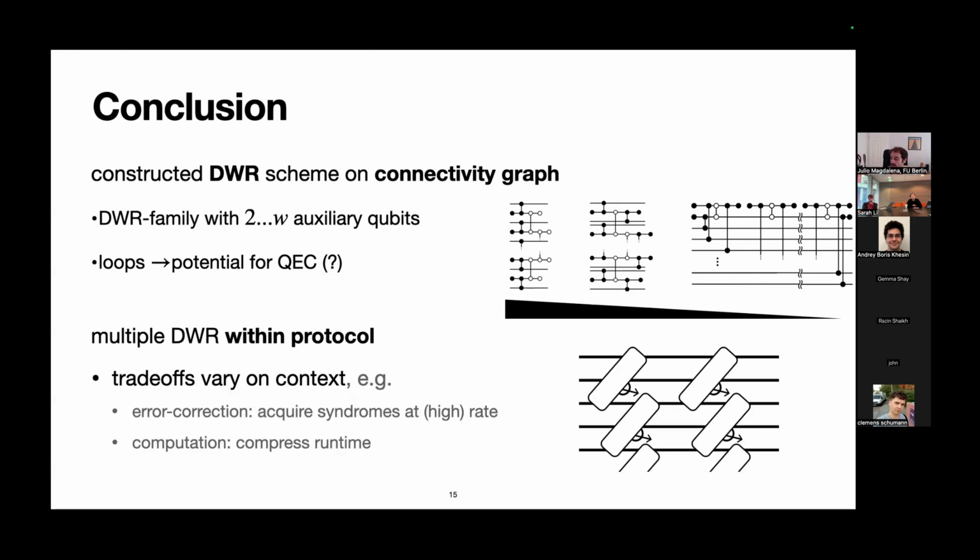One thing that I could maybe say is that, I don't work on this myself, but I know that large classes of quantum algorithms, especially variational ones, use Pauli rotations.